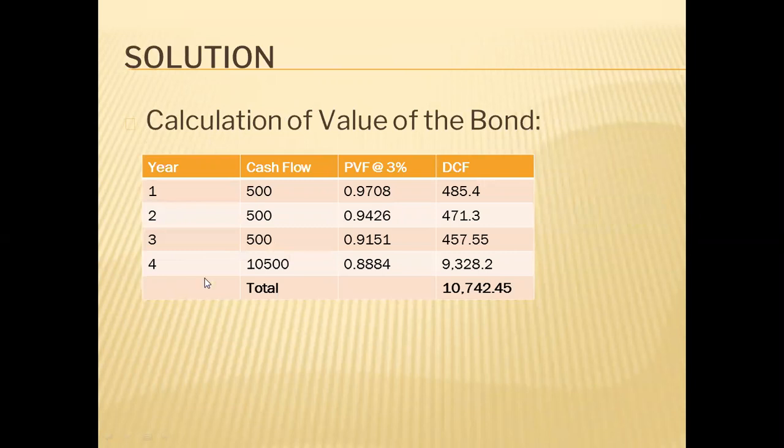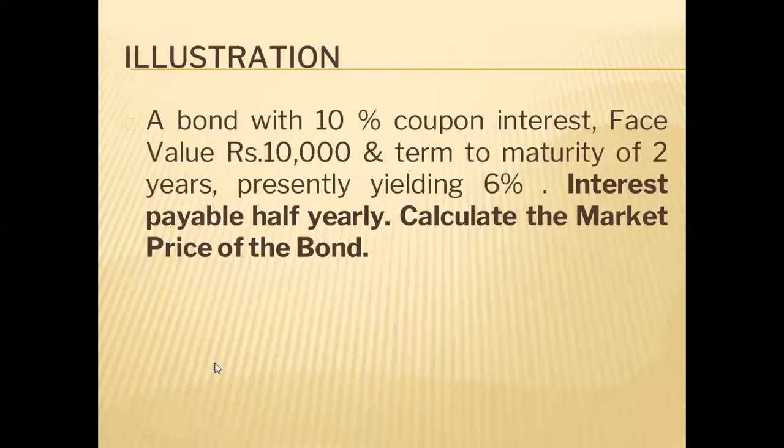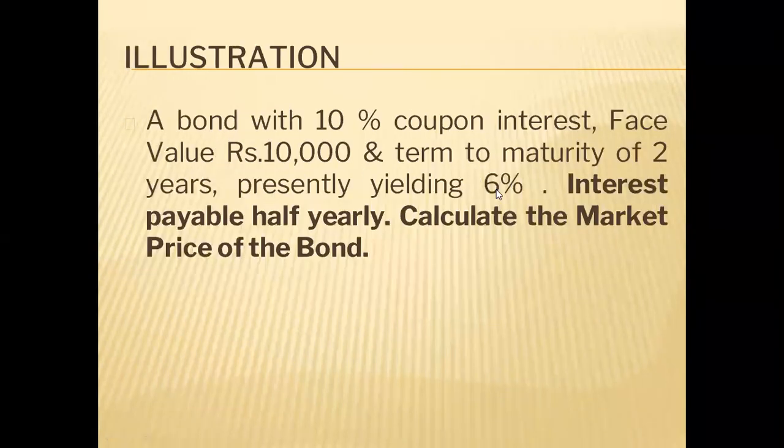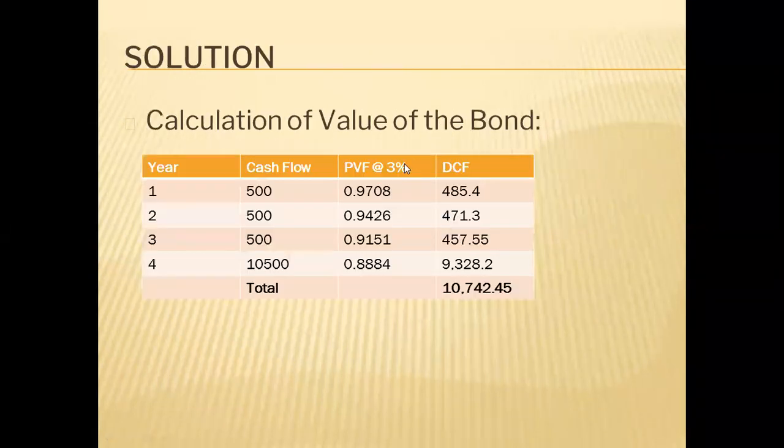See how we have calculated 10,000 into 5%. Then the discounting factor we will calculate using 3% instead of 6%, and you can easily find out the value of this bond.